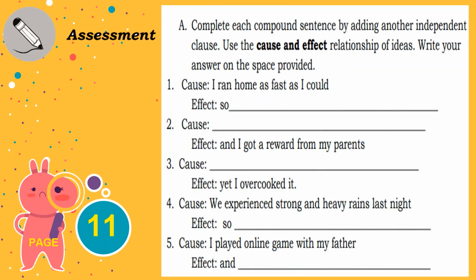For this activity, please turn your page on page 11. Complete each compound sentence by adding another independent clause. Use the cause and effect relationship of ideas. Write your answer on the space provided.